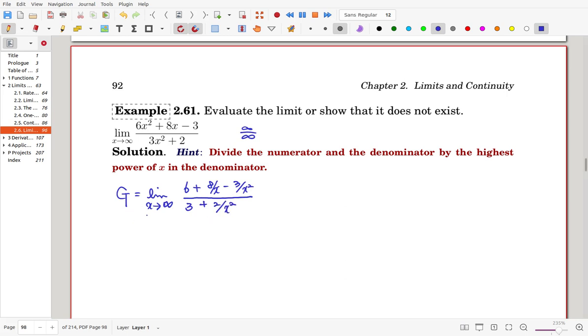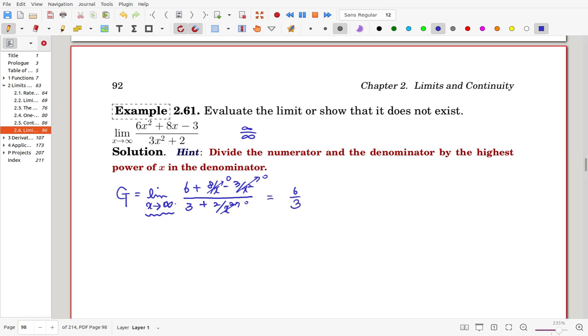Now when x approaches infinity, we can easily see that 8 over x approaches 0, 3 over x squared approaches 0, and 2 over x squared approaches 0, which means the expression is approaching 6 over 3.